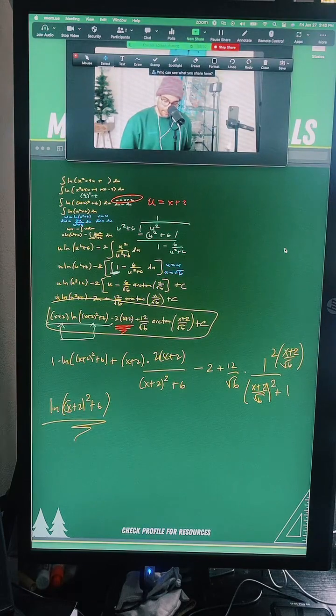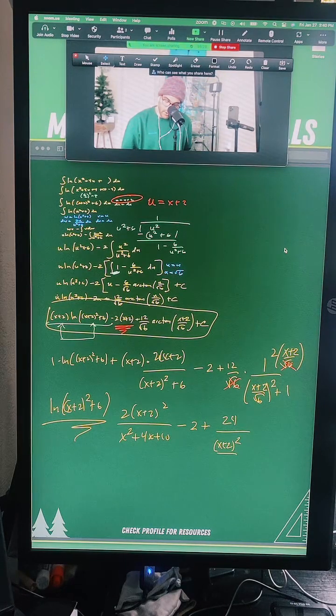So this is going to be 2 times x plus 2 squared over x squared plus 4x plus 10, minus 2, plus, guys, this is terrible. So the root 6 cancels out, and then this becomes a 24. And I'm probably already making mistakes here. But then this becomes x plus 2 squared over 6 plus 1. Have to multiply everything by 6.